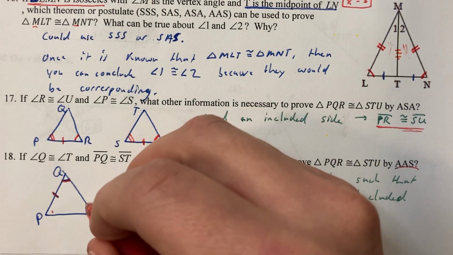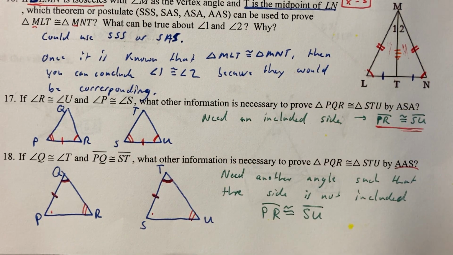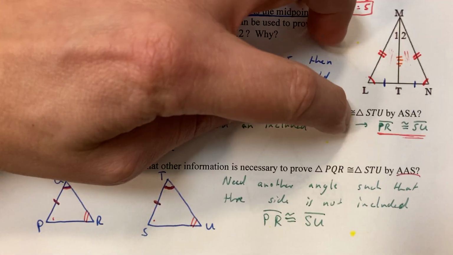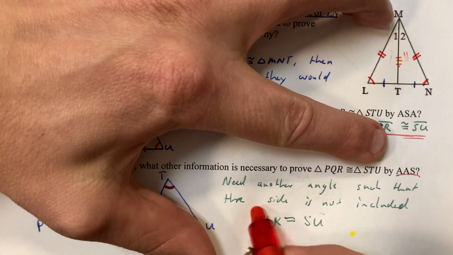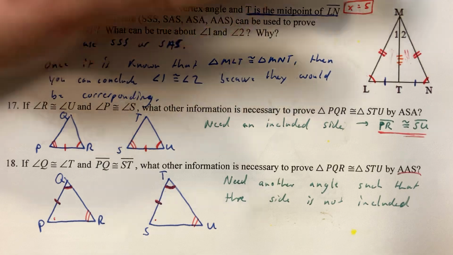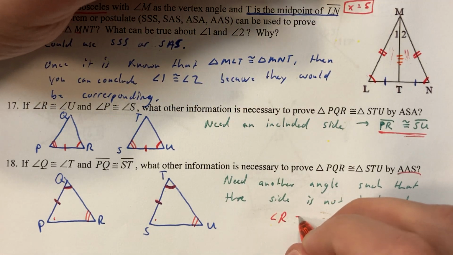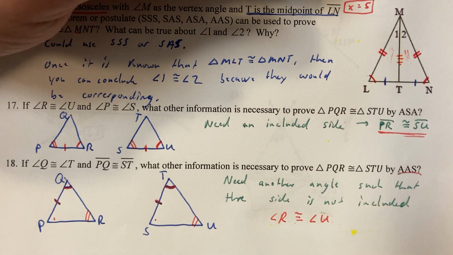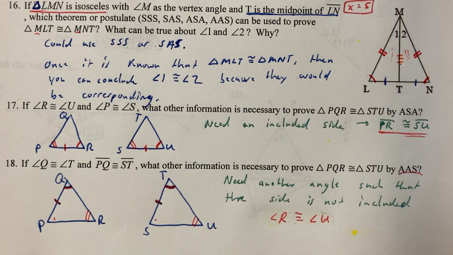I want to do this one. That's not right. I want angle R is congruent to angle U. There we go. Got it. That would give me angle, angle, side. All right, on to the next page.